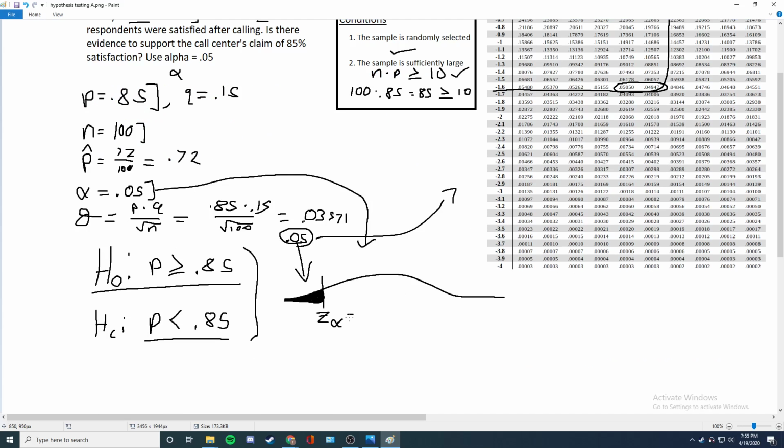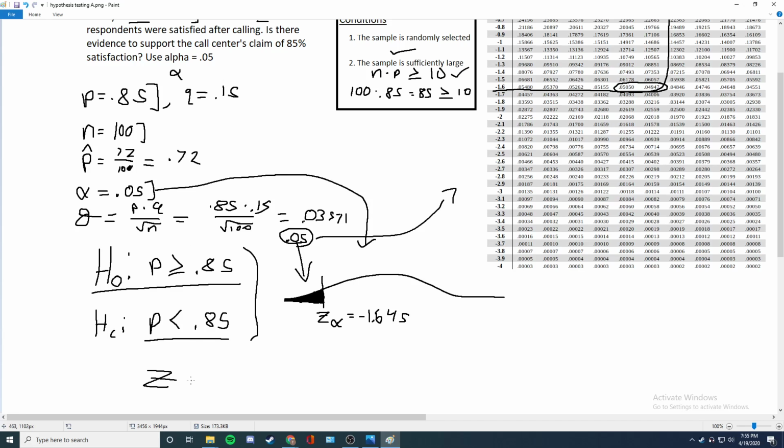So we'll call our z alpha -1.645, which is just in between those two. Now that we have our z alpha, we have to find if our sample is less than this z alpha in order to reject our null hypothesis. So let's figure out what our z value is.